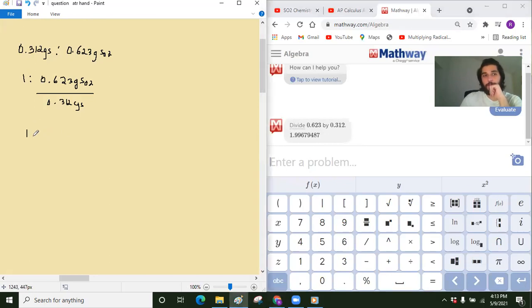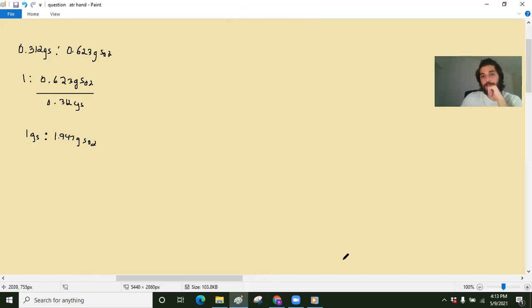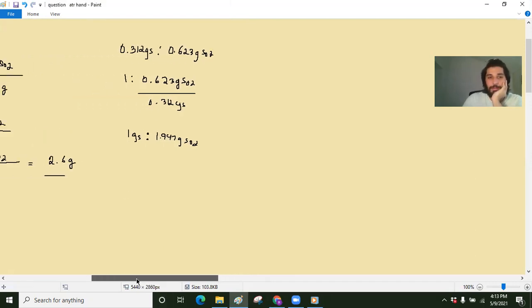So for every 1 gram of sulfur, you would have 1.997 grams of sulfur dioxide. That's sort of the other proportion that we've set up here. And again, you can apply that to the problem.